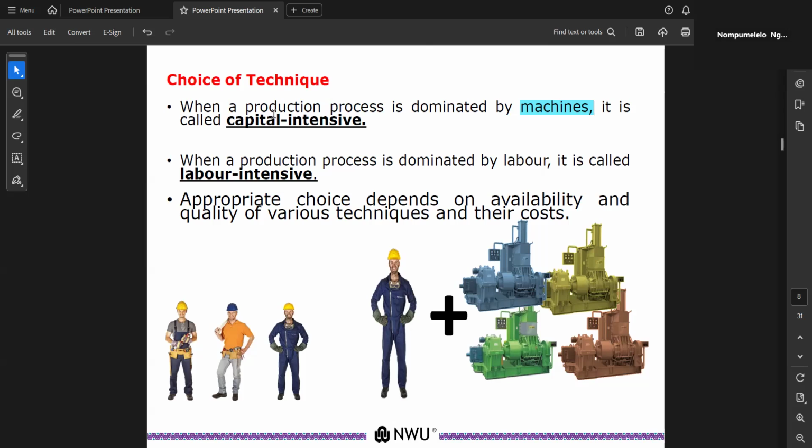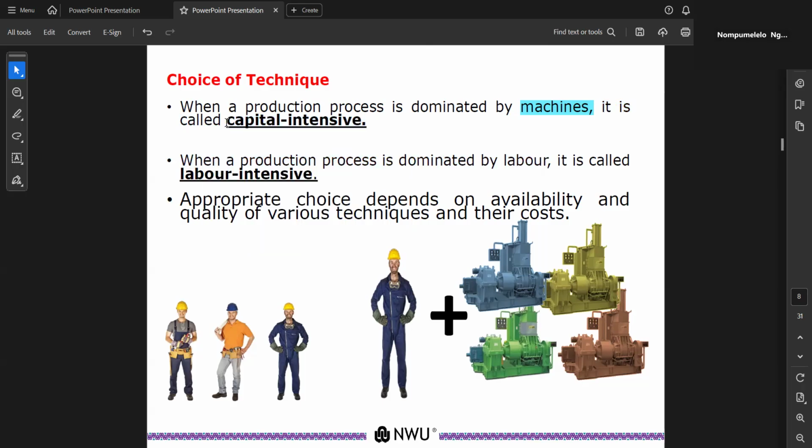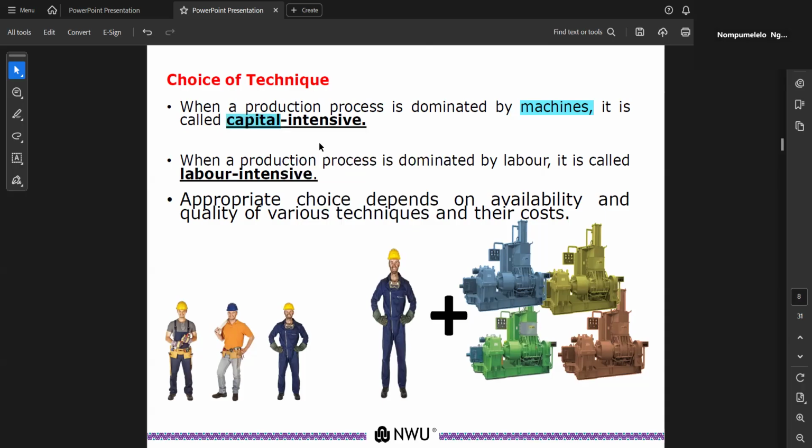Capital gives you an idea that machines are dominating this business, because I've been saying that capital goods are one of the factors of production, which refers to the machinery used in the production process. So capital intensive means that the production process is dominated by machines.